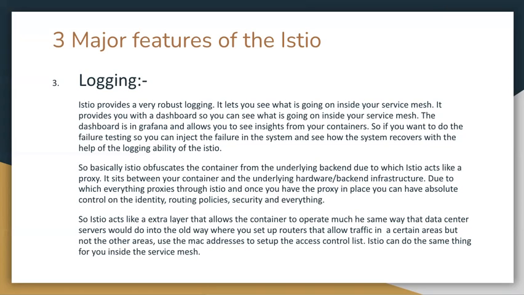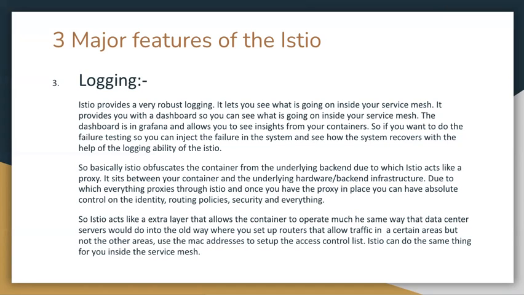So basically, Istio obfuscates the container from the underlying backend, due to which Istio acts like a proxy. What this means is that it removes the dependency of the container from the backend or the hardware on which it is running, because now all the traffic is going through this proxy that we have put in between, the Envoy proxy we are talking about.